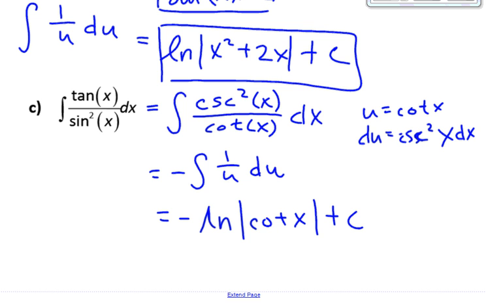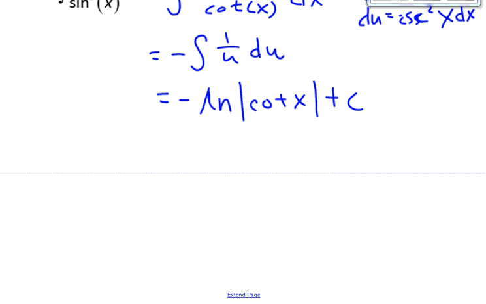Which I want to point out here, using our log rules, because again, I want to talk about simplifying expressions for the multiple choice section especially. If you have a negative natural log of cotangent of x, that is also the natural log of cotangent inverse. Nope, sorry, that is incorrect.